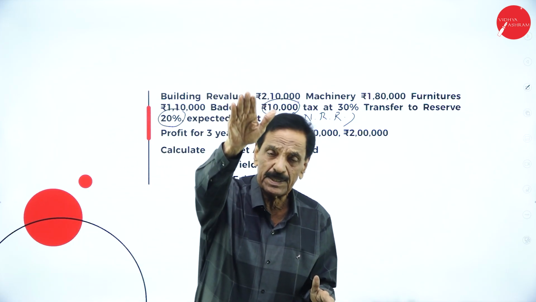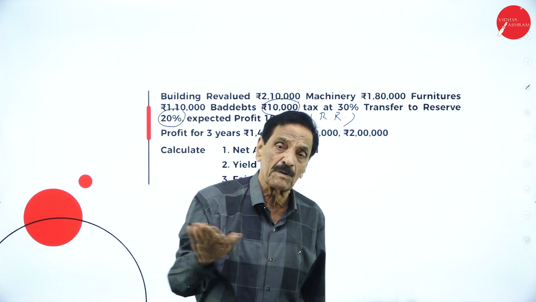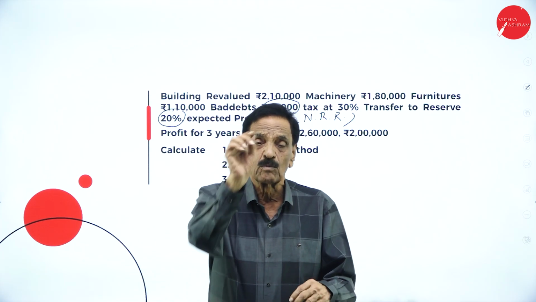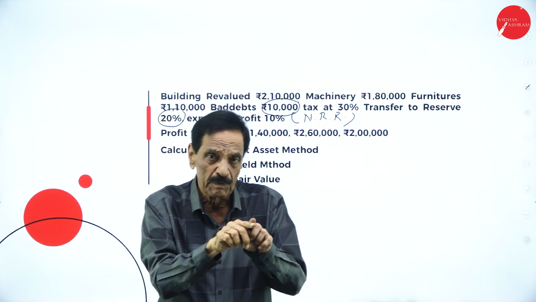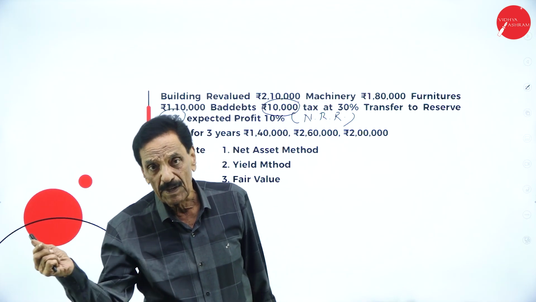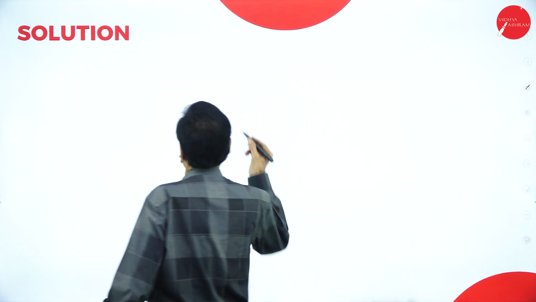Then total asset minus total liability is total capital employed; minus preference share capital gives the amount for equity shareholders. So market value per share is equal to net asset divided by total number of equity shares. We'll move on to the problem now. Net asset method.